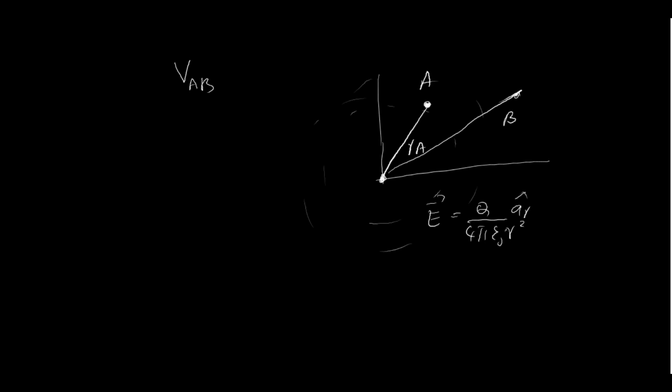Since you are using the spherical coordinate system, what is dl? We are moving radially out, and the electric field intensity is radially outward, so dl will be dr AR cap. Now our VAB, the potential difference between the point A and the point B, is given by minus the integral from B to A of E dot dl.